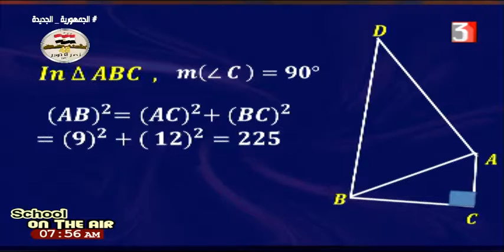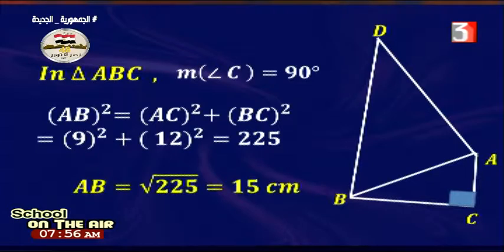Then the AB power 2 equals 225. Now, the length of AB by taking square root for both sides is equal to root 225 to obtain a result as 15 centimeters. Then you are going to notice that AB equals 15 centimeters.